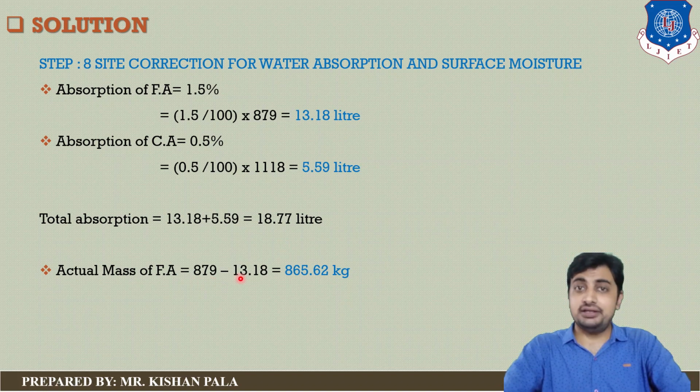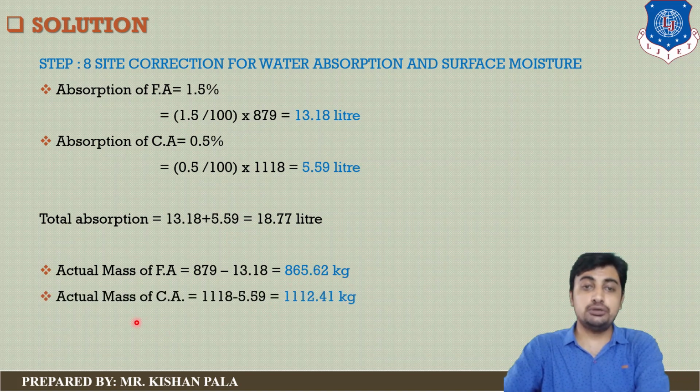So actual mass of fine aggregate will be 879 minus 13.18, because 13.18 is the absorption by the fine aggregate. So total mass of the fine aggregate will be 865.62 kg, and actual mass of coarse aggregate will be 1118 minus 5.59 liter or kg.